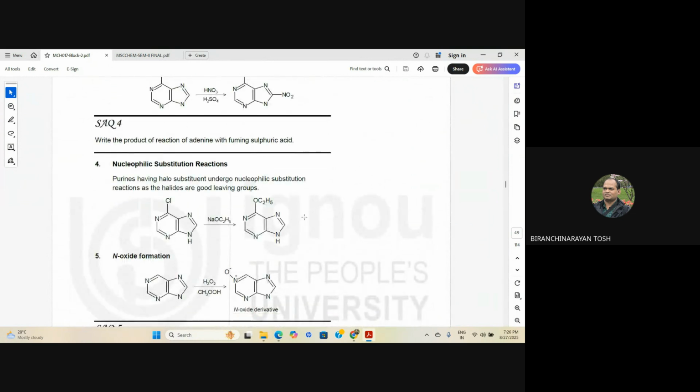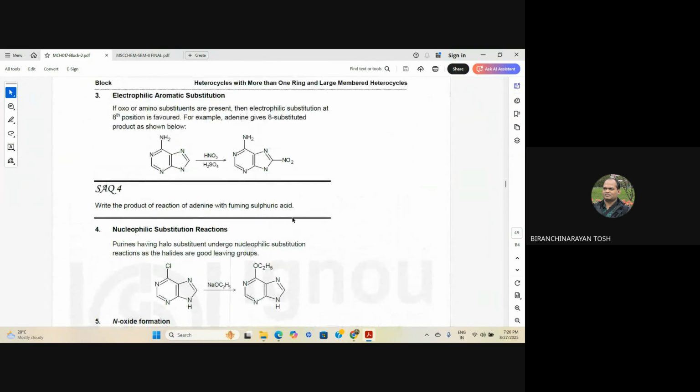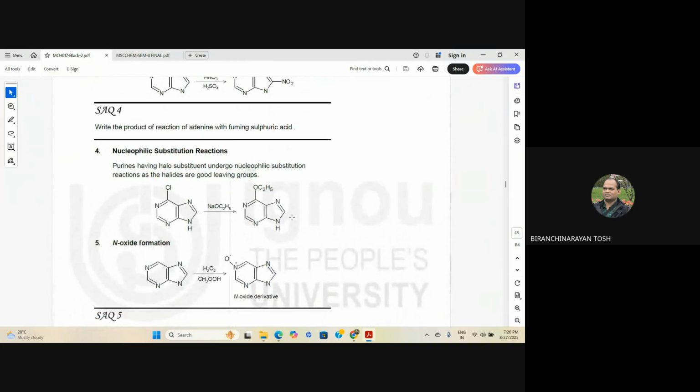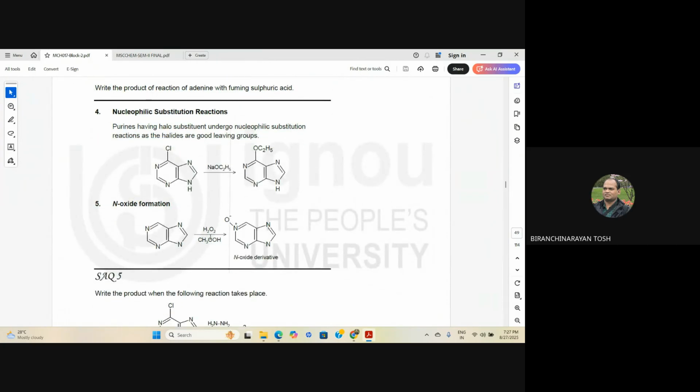And about nucleophilic substitution, with sodium ethoxide, a purine having a chloro substituent undergoes nucleophilic substitution as these halides are good leaving groups, so OC2H5 will be substituted here. N-oxide formation: reaction with hydrogen peroxide produces the N-oxide derivative of purine.